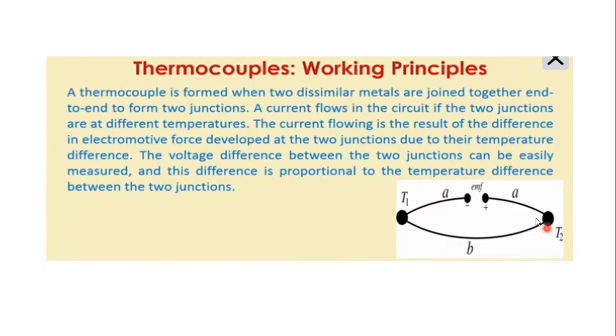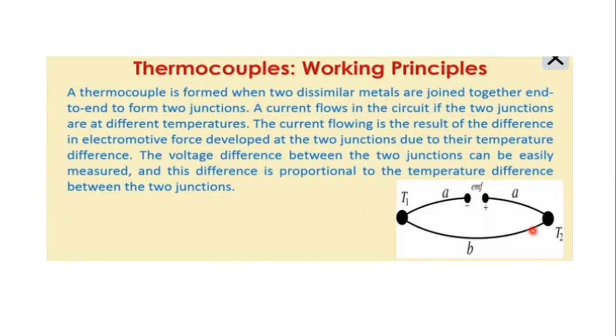And two unequal temperatures T1 and T2 are interposed at two junctions. Just take temperature T1 at junction J1 and temperature T2 at junction J2, respectively.